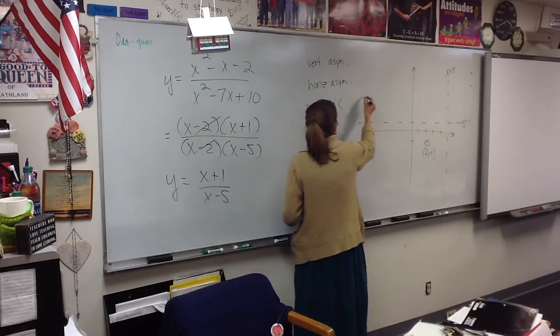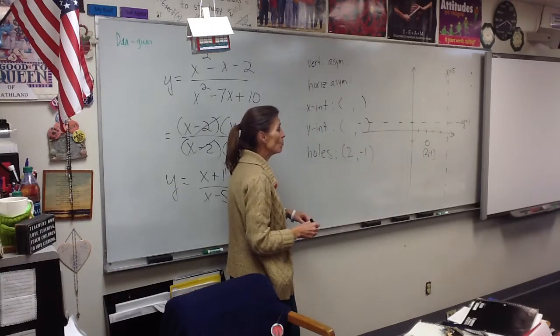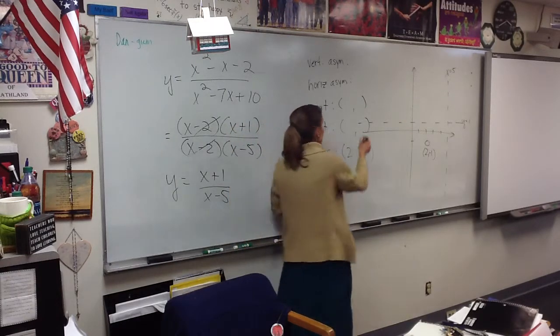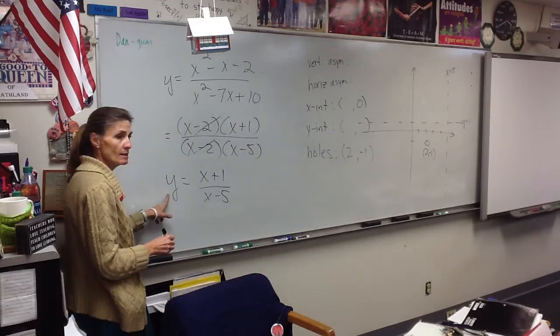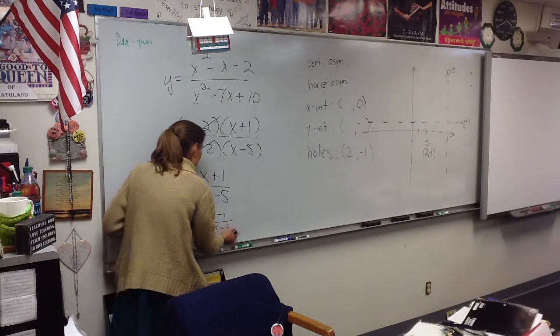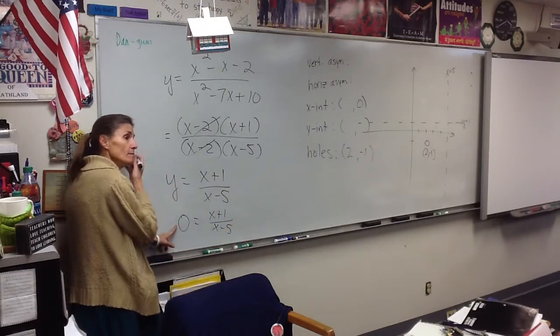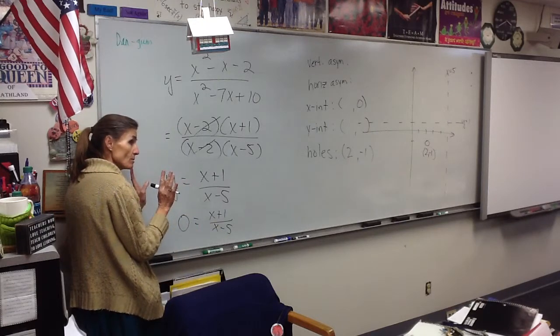Now the intercepts. If you want the x-intercept, you have to let y be 0. When you do that, you multiply this over here and it just disappears.